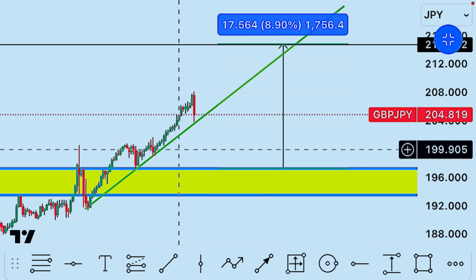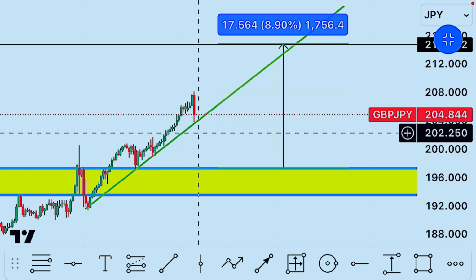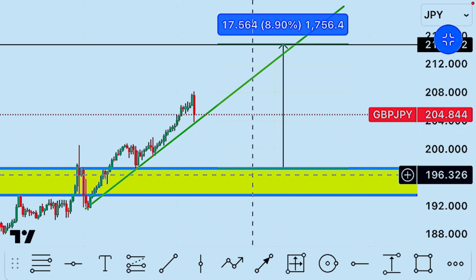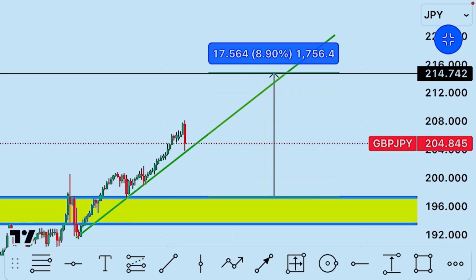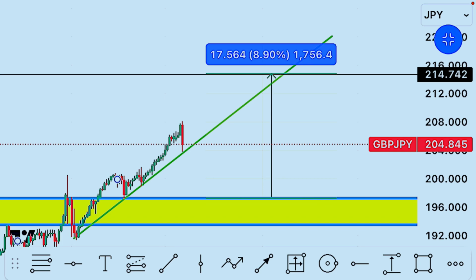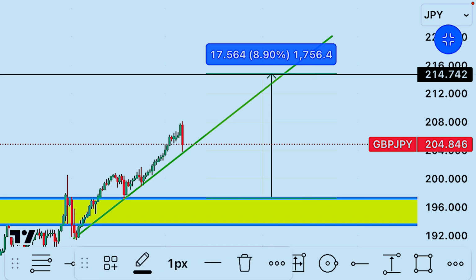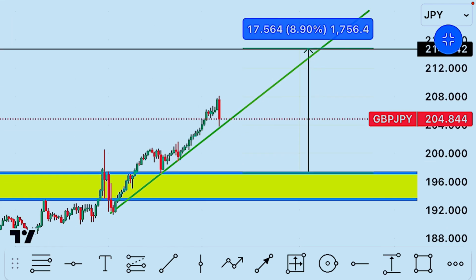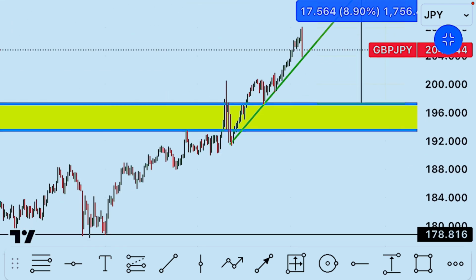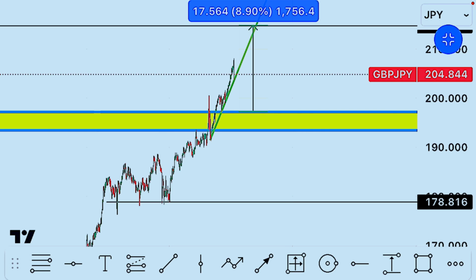But to be on the safe side, if I'm to buy this market, is to wait for this market to pull back into this zone. At this zone is where I'll be looking to long this market. My take profit will be at this first black line, 1,700 pips. Overall target at this key zone, that would be a 4,000 pip to the upside. So yeah, this is what is happening on the GBPJPY market.